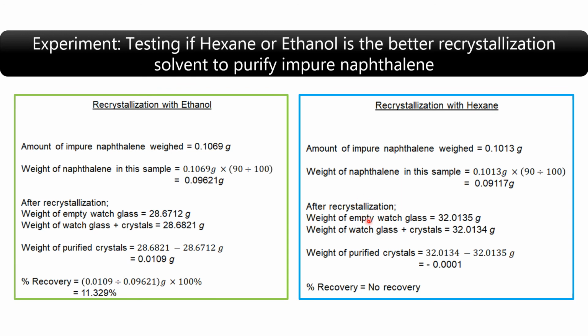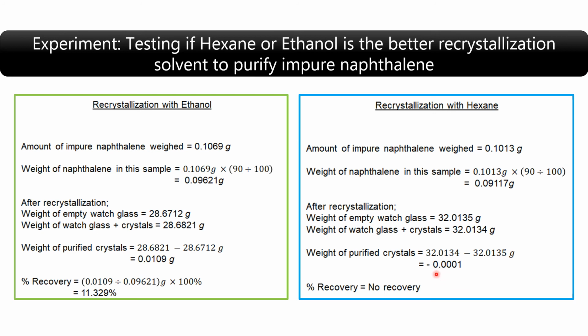After recrystallization, the crystals were transferred to a watch glass, and the weight was taken for watch glass plus crystals and the empty watch glass, and it looks like the crystals that were obtained were not sufficient to show a measurable difference when we weigh the watch glass plus crystals versus just the watch glass. So you will see that you're unable to calculate the percent recovery for hexane, which means a very small amount of crystals were formed.